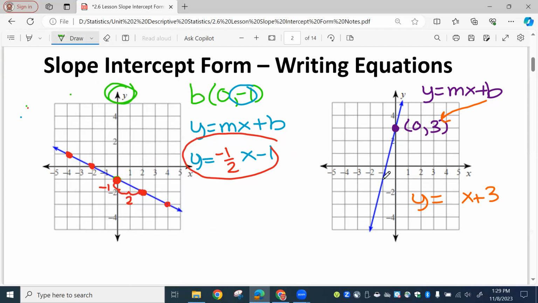I'm going to go find another point on my line. There's one. And I'm going to find my slope. I always start on the left and I go up or down. Here I have to go up 4 and I go right 1. So the slope of my line is 4 over 1. And we typically just write that as 4 when we're writing an equation.